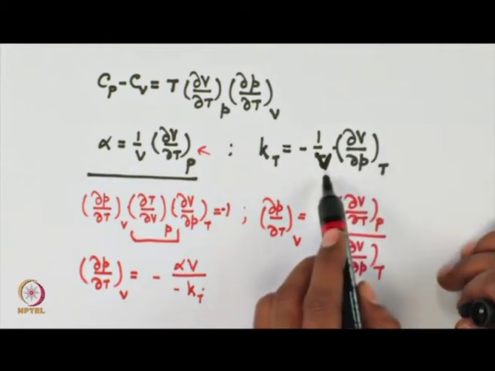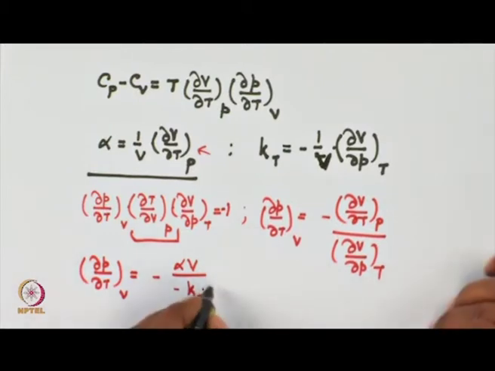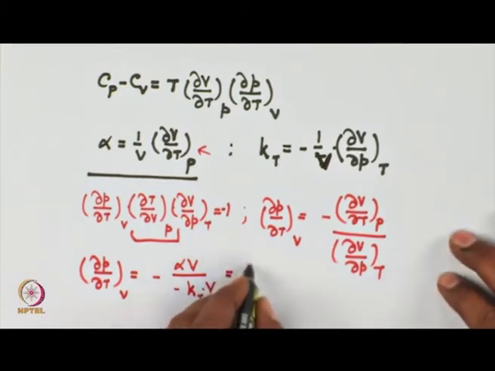The variation of volume per unit volume, into what I have here is volume. So this is equal to alpha over kT.